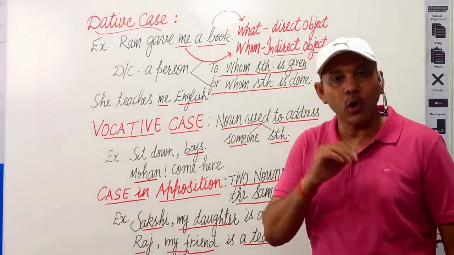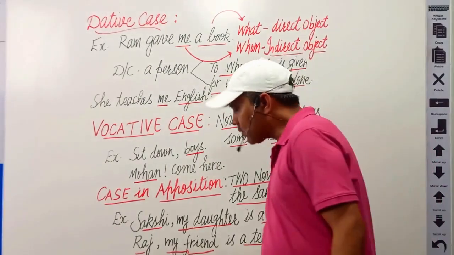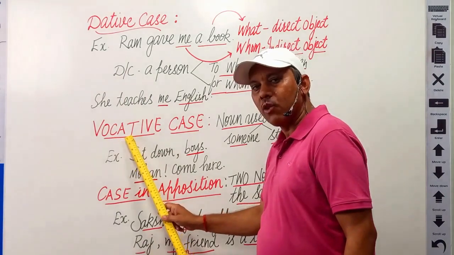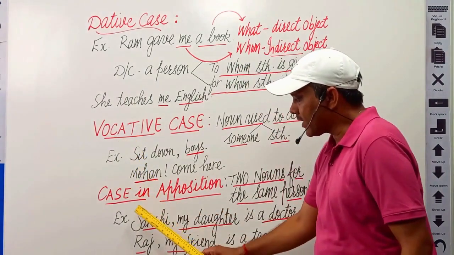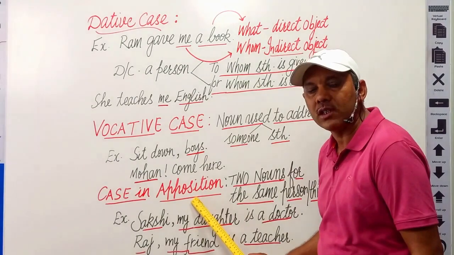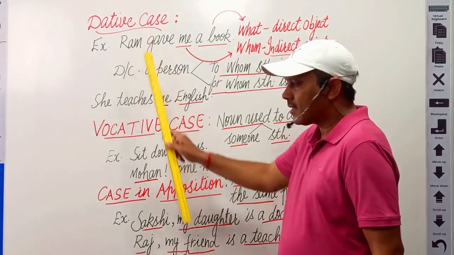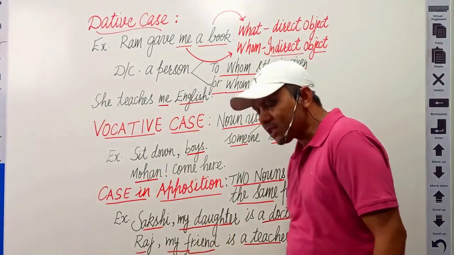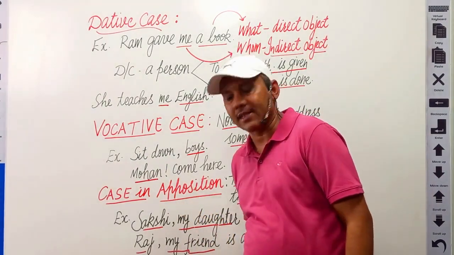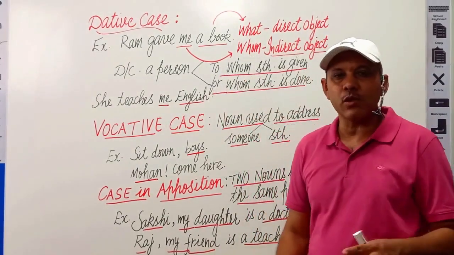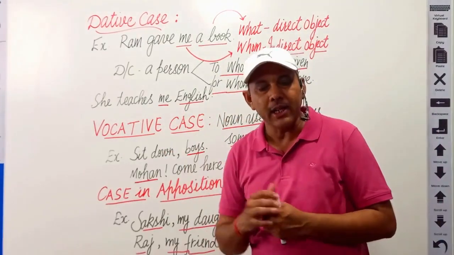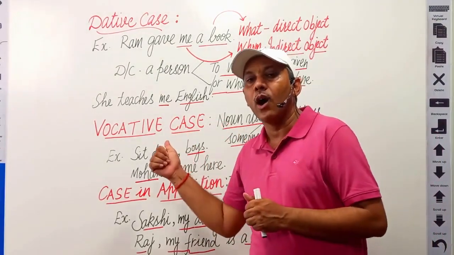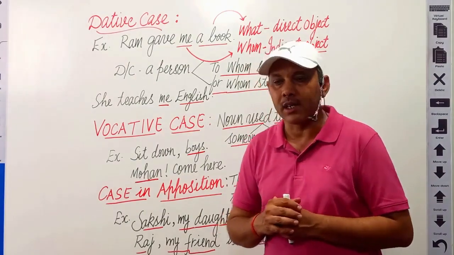There are 4 more cases of nouns, and the first one is dative case, next vocative case, and the next is case in apposition. Dative case, vocative case, and case in apposition, and the last one is possessive case. We will discuss possessive case later in detail because it is the most important case of noun in English grammar.